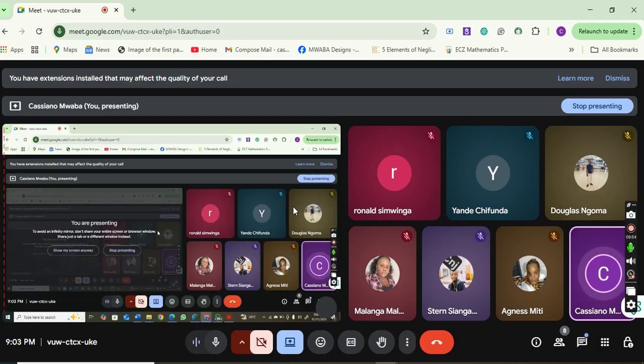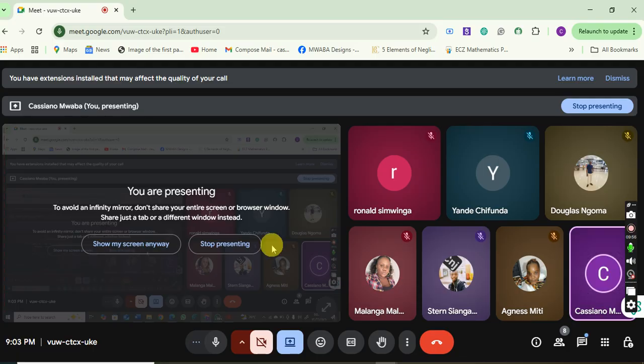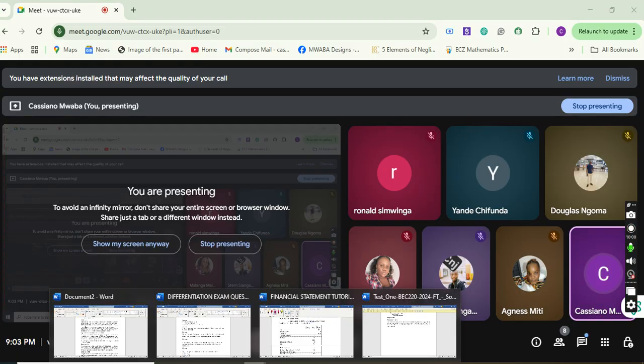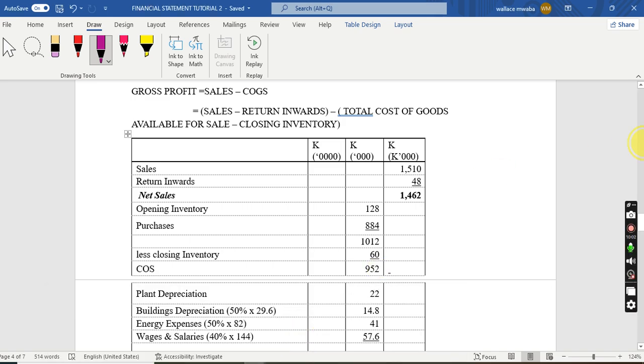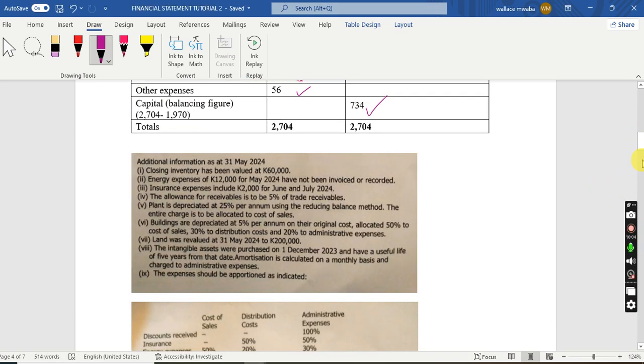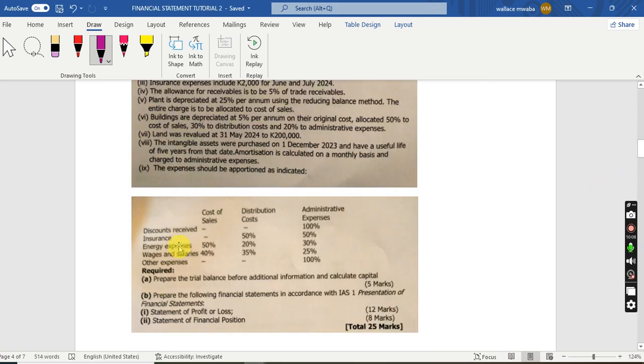Now in this question, as I said, discount received will be treated as an admin expense. If you don't believe me, here, discount received 100% admin expense.